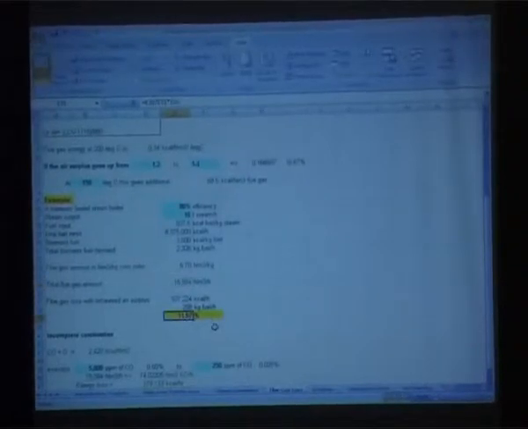Total biomass fuel demand 2,300 kilograms per hour. Flue gas amount in normal cubic meter. Total actual flue gas amount. Flue gas loss with increased air surplus means we are losing 11% if we are going with increased air surplus.